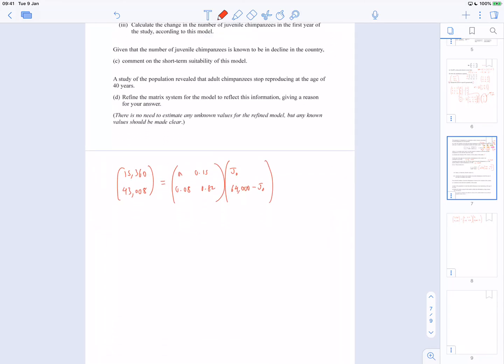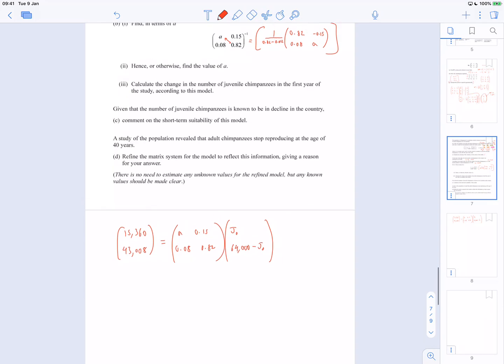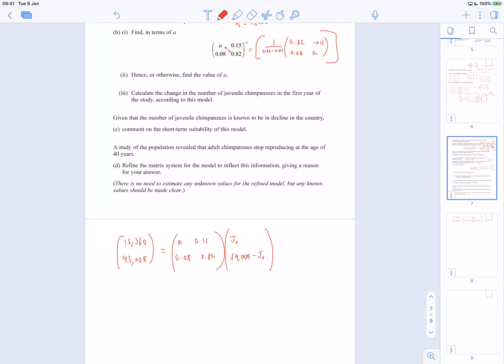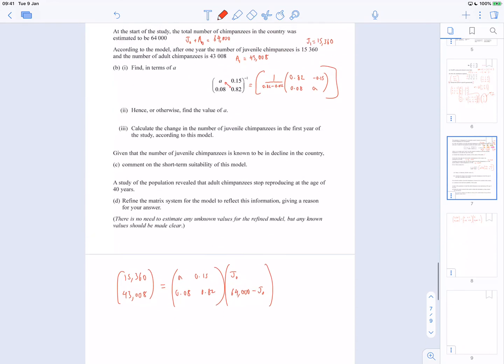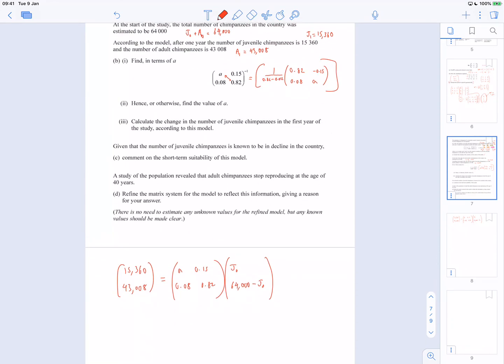I've got two simultaneous equations. Do I need to use the inverse? Well, I could have done, in all fairness.